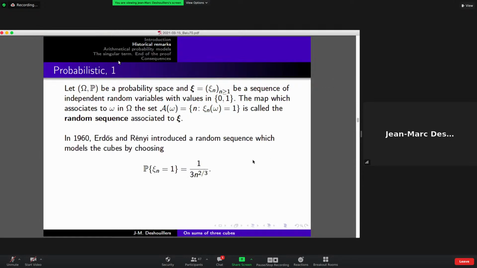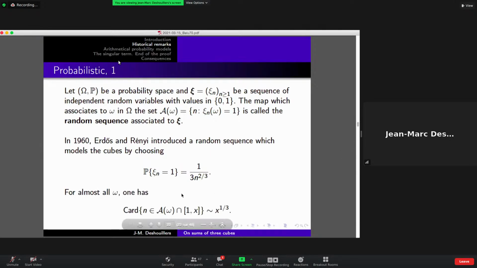Okay, so in 1960, Erdős and Rényi introduced a random sequence which models the cubes by choosing that the integer n is selected with a probability, which is, what is the probability to have an integer which is around x and which is a cube? It is something like 1/3 x to the minus 2/3.